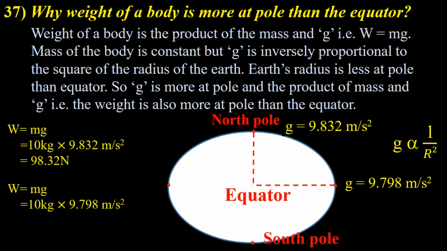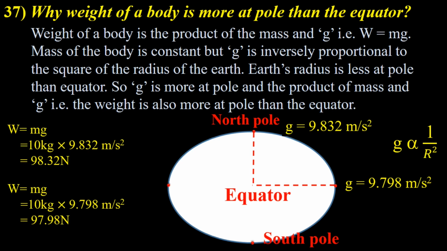Let's say at the equator, the same 10 kg is multiplied by the g of the equator, then we'll get 97.98 Newton. Look at these two values. At the pole, the same body is weighing 98.32 Newton, but at the equator, the same is weighing 97.98 Newton. Less at the equator, more at the pole.